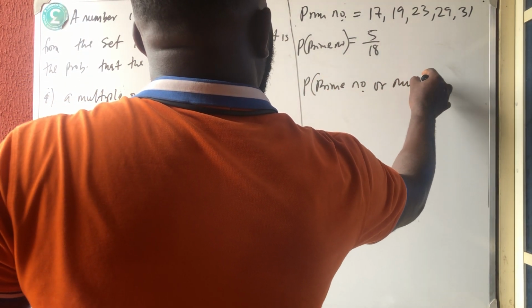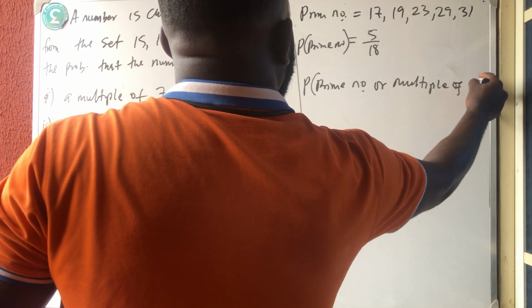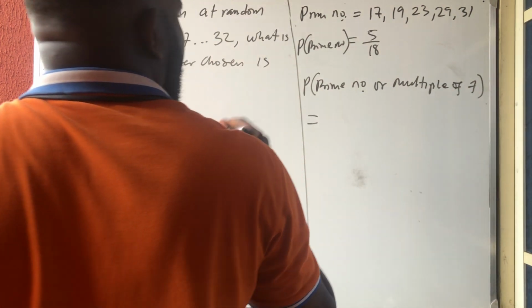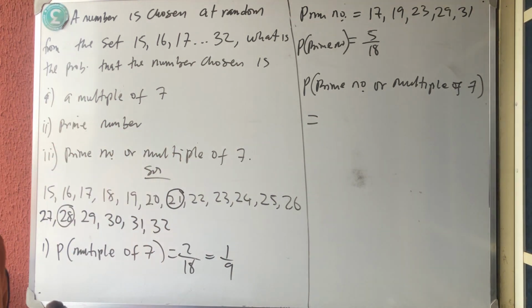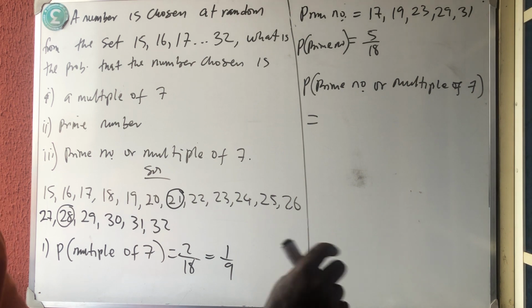Now the probability of a prime number or a multiple of 7. Can a number be a prime number and equally be a multiple of 7? No. Being a multiple of 7 means that 7 can divide it, and a prime number is a number that nothing else can divide.